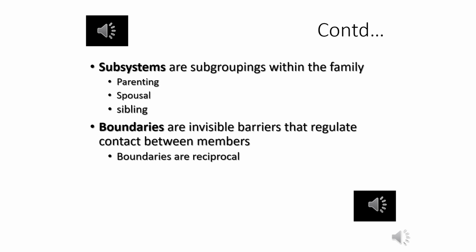For example, let's suppose there is a wife who is enmeshed with a child, very close with the child, but on the contrary is disengaged from the husband.